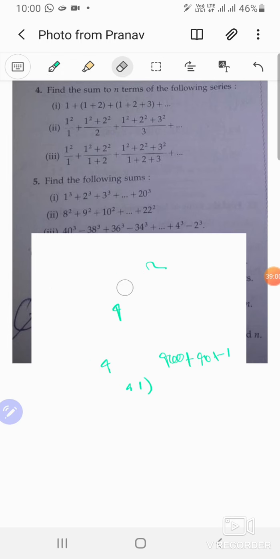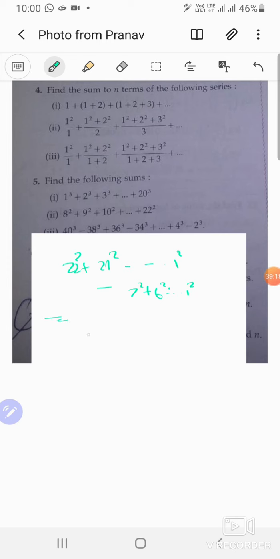Okay, the next thing is 8 squared plus 9 squared plus 10 squared up to 22 squared. Oh, that's actually nice. This can be written as 22 squared plus 21 squared all the way till 1 squared, minus 7 squared plus 6 squared all the way till 1 squared.